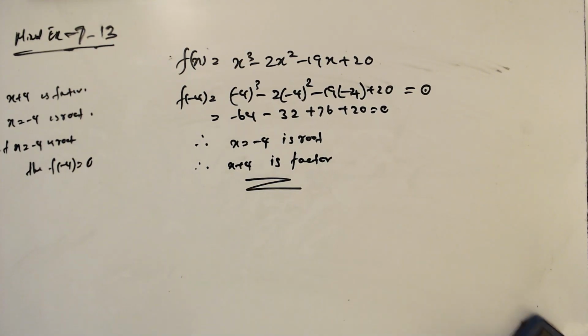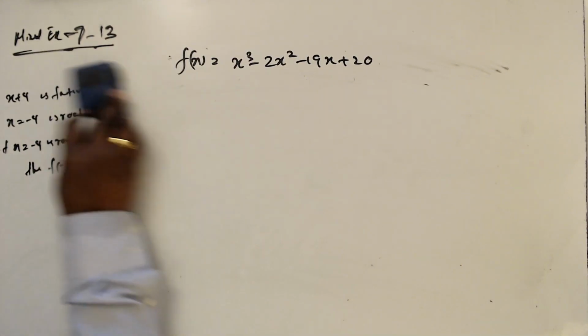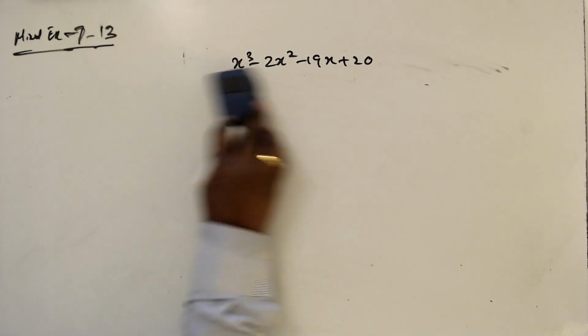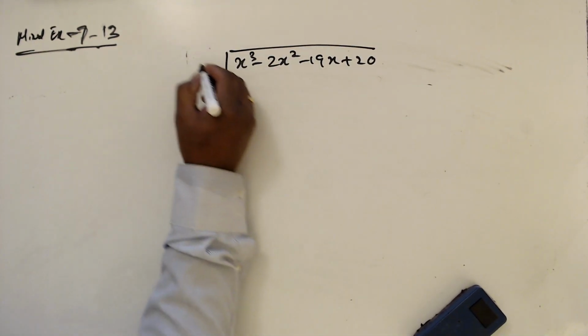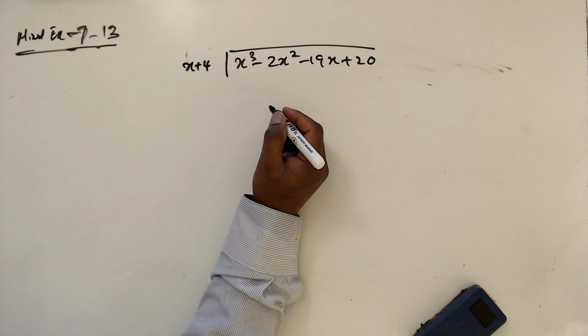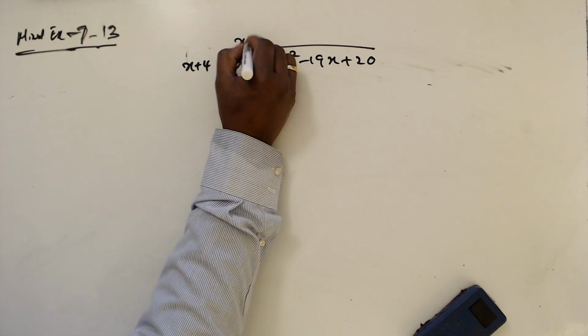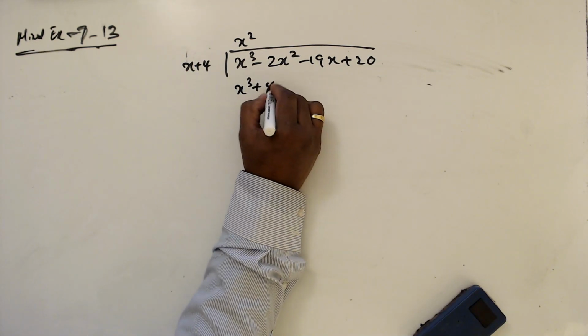And now we need to find the solutions to this f(x). We start dividing by x plus 4. This is going to be x squared, x cubed plus 4x squared.